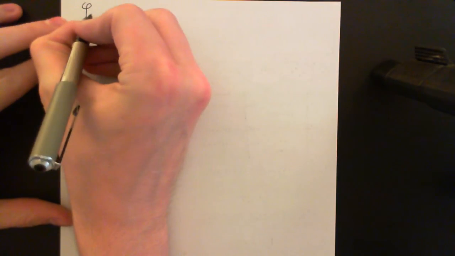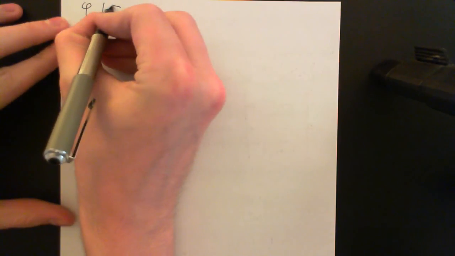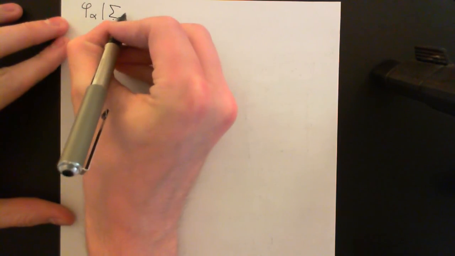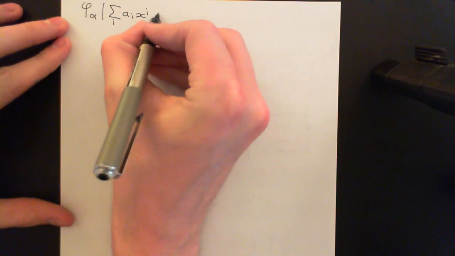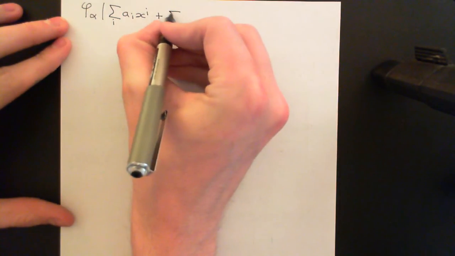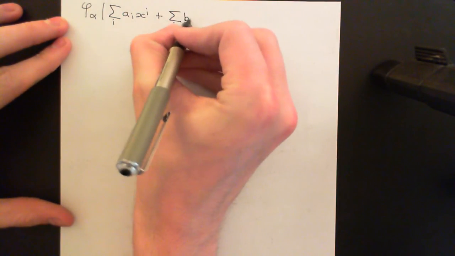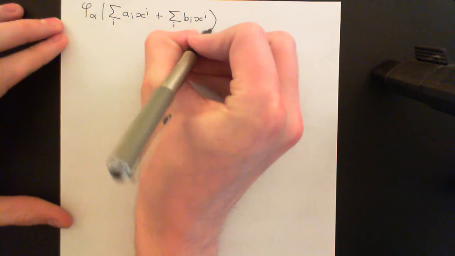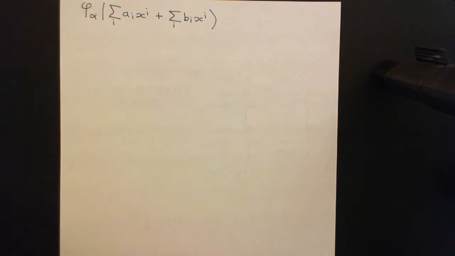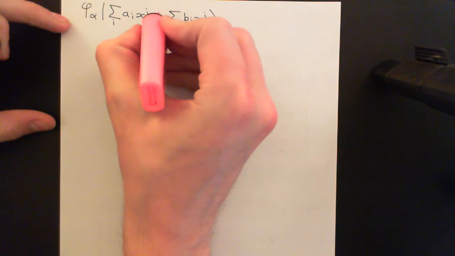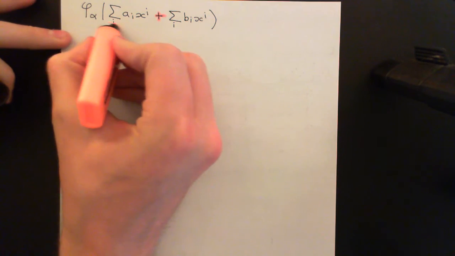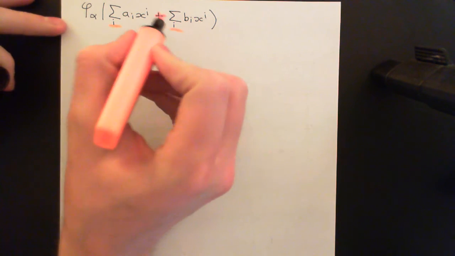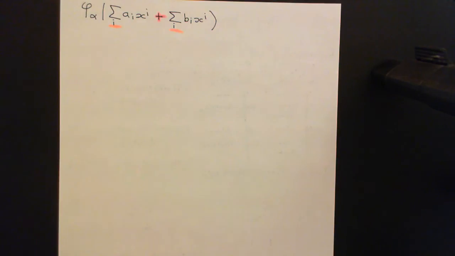So let's think about this. We're going to take two polynomials. I have these two polynomials here, the sum over i of a_i x^i, added to the sum over i of b_i x^i. So here's my second polynomial. And this addition is going to be in our polynomial ring, so this is red addition here. Remember these additions are currently just the symbolic additions, the orange additions.